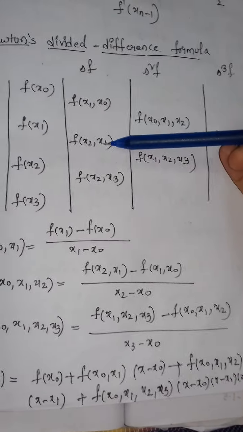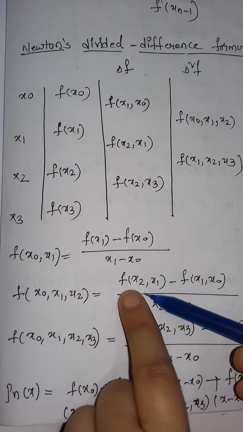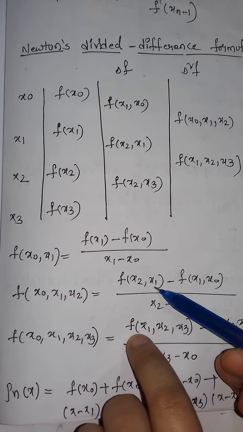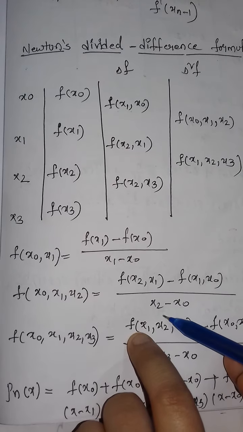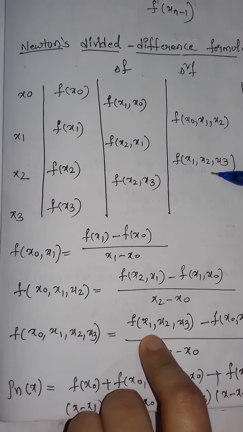Similarly for x0, x1, x2 we are using these two values, f of x1, x2 minus f of x0, x1. Now you just remember this, here x1 is common, here x2 you will write, and here you will write x0. Okay, similarly you can do this for this also.